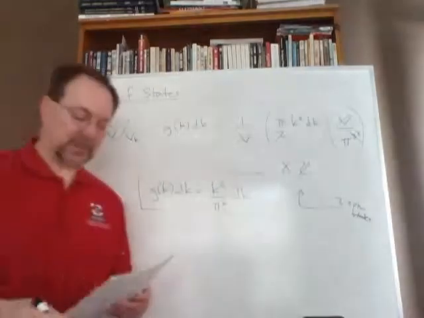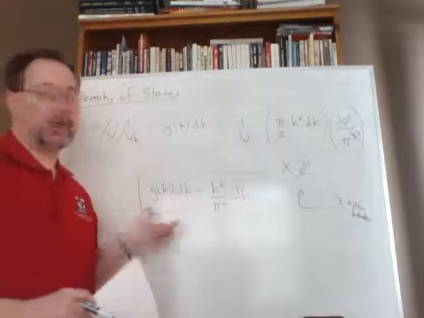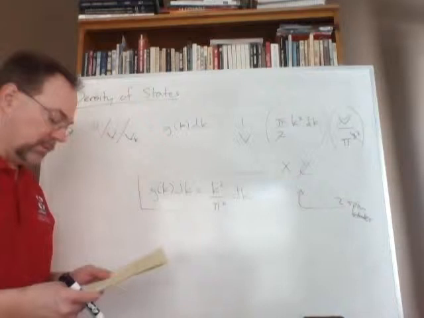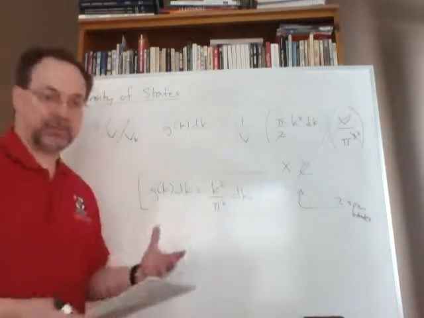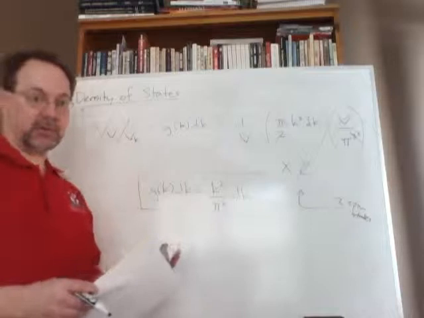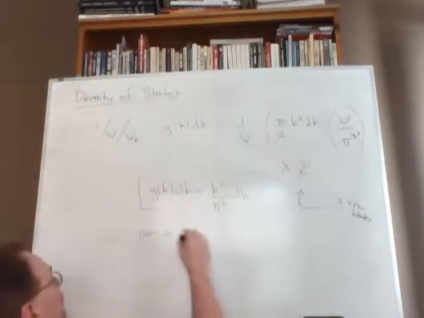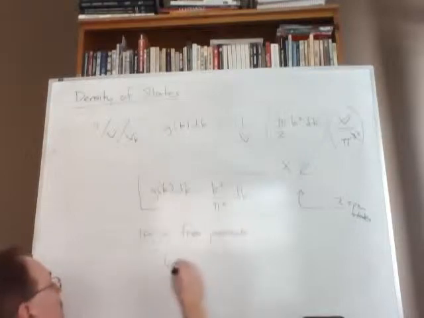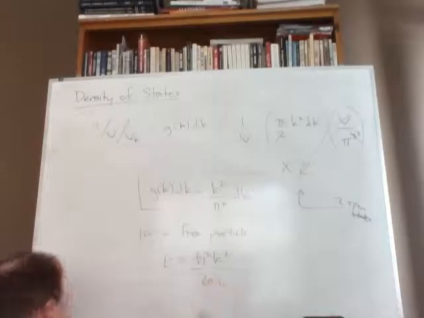All right, so we're definitely making progress. However, this is in terms of K, of wave number, and we want it in terms of energy. Well, we get to then go back and recall that for a free particle, remember this is a free particle we're developing this for, energy is equal to h bar squared k squared over 2m.